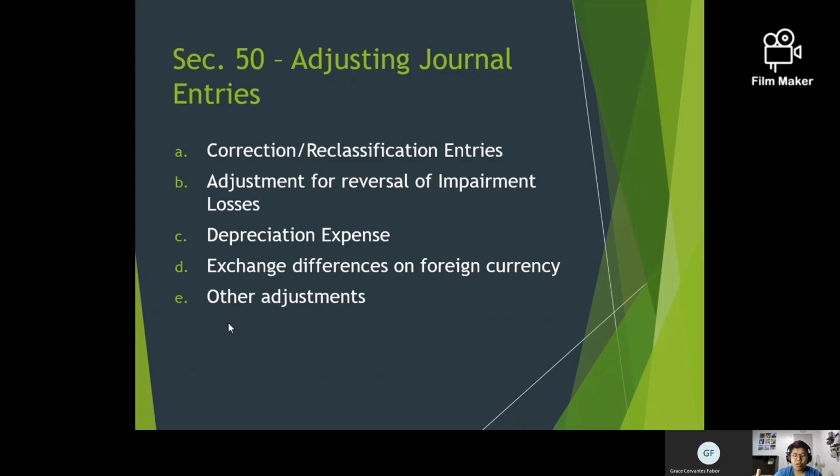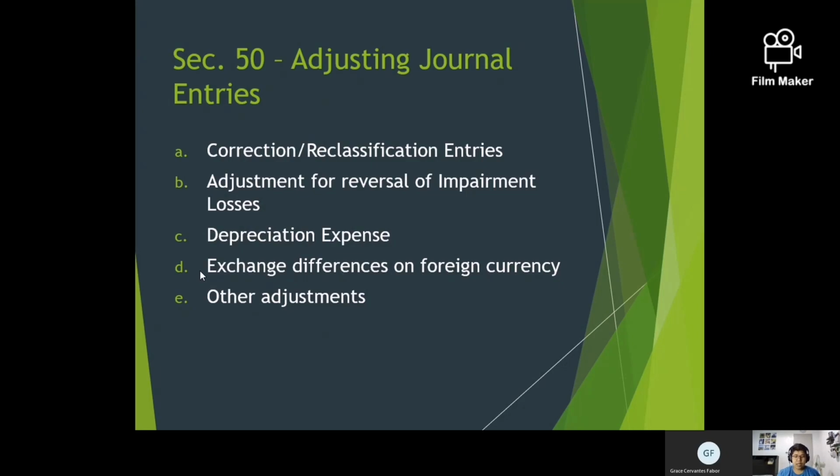Okay? Gumanda, tumaas uli or nag-appraise uli yung value nung isang asset. Magkakaroon na ng reversal of impairment losses. Also, syempre, yung hindi mawawala, depreciation expense, kasi nga, cost method ang ating government dito. And then, exchange differences on foreign currency or forex and other adjustment.